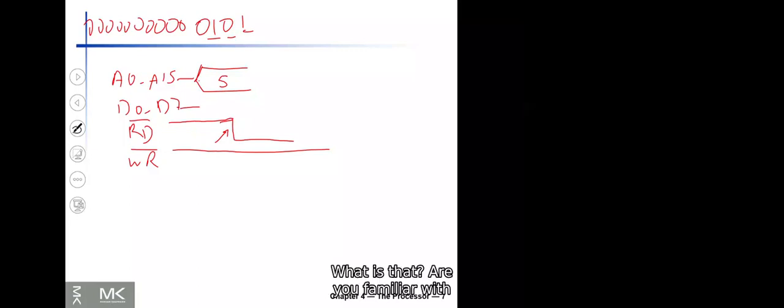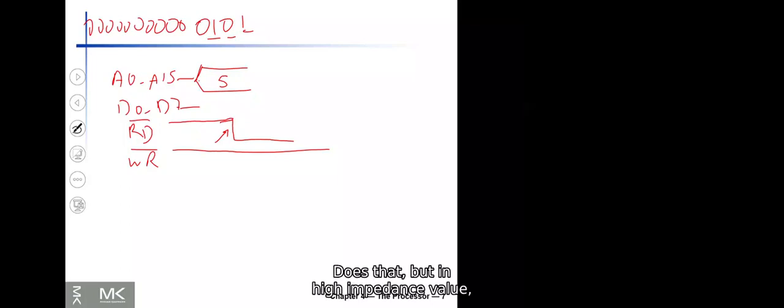But what is that? Are you familiar with tri-state logic? 0, 1, high impedance. No? That's too bad. Maybe I needed to talk about it. Maybe I give you a video from my ITI class, so you can look at that for the high impedance value.